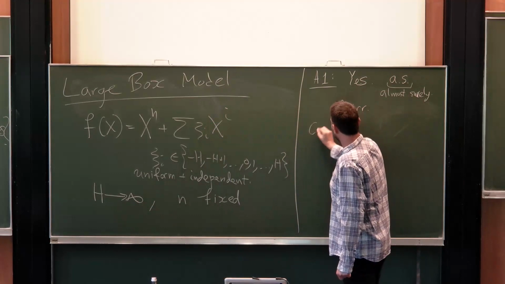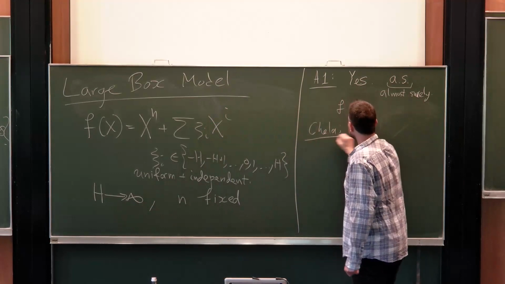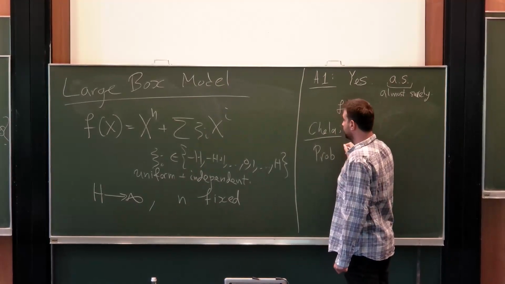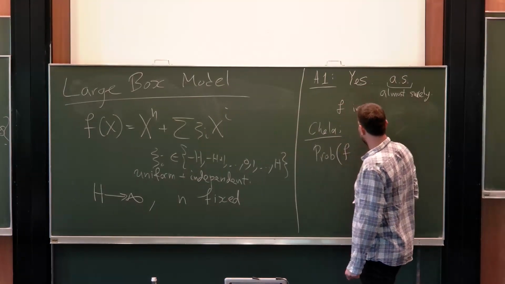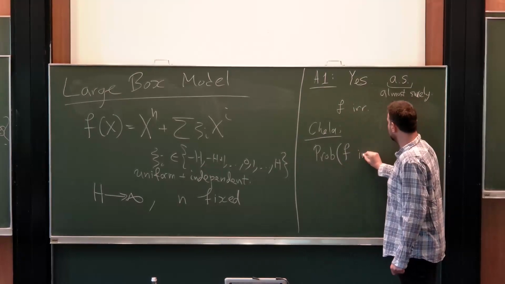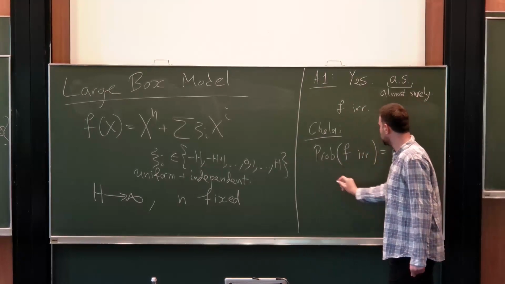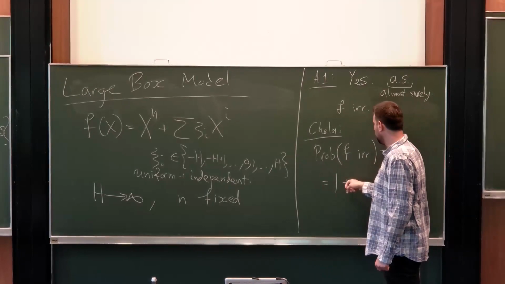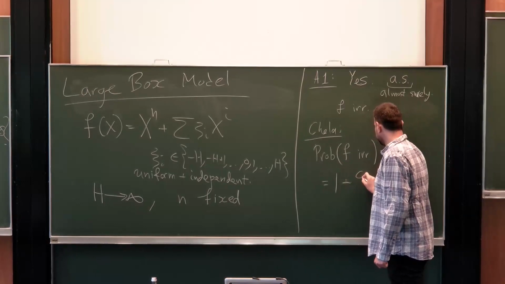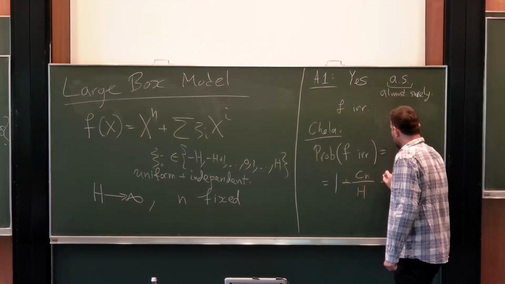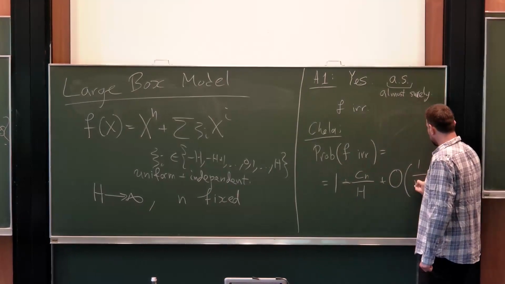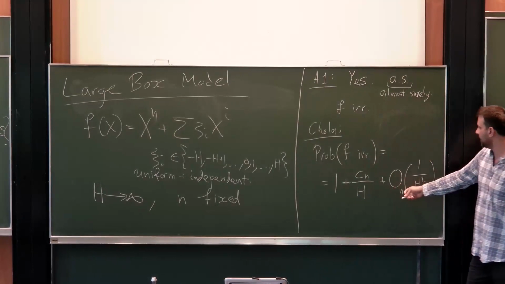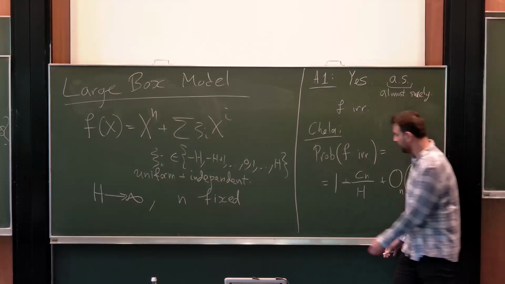Moreover, I think it was Chela who proved that the probability that f is irreducible equals 1 plus or maybe minus C_n over h plus O of 1 over h squared. And the implied constant here depends on n.